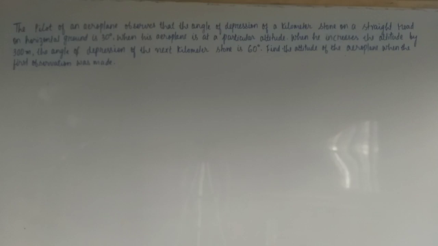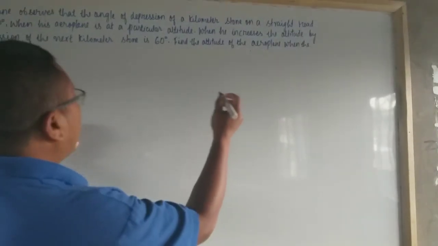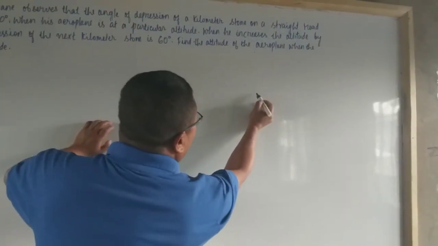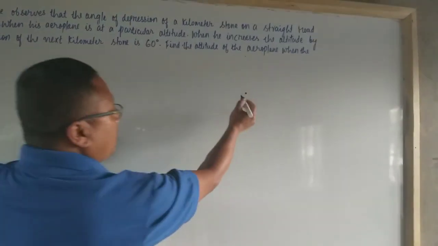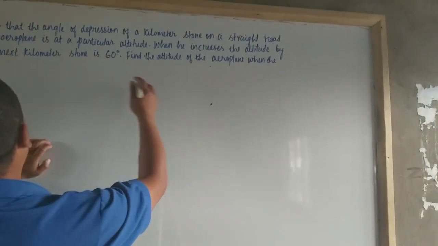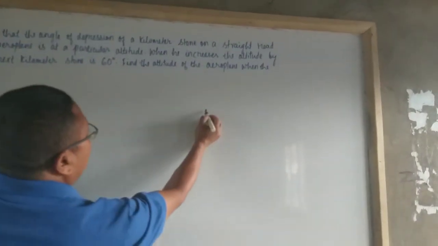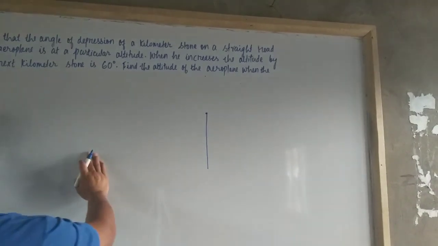So let's start by drawing a diagram. So we need to know the position of the aeroplane. So first of all, let's assume that this is the position of the aeroplane in the first position.